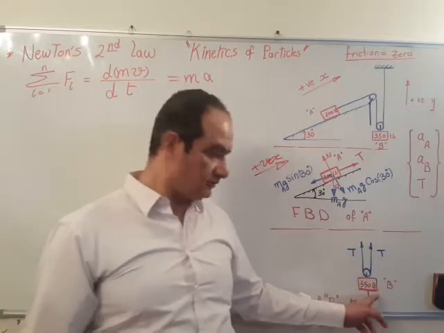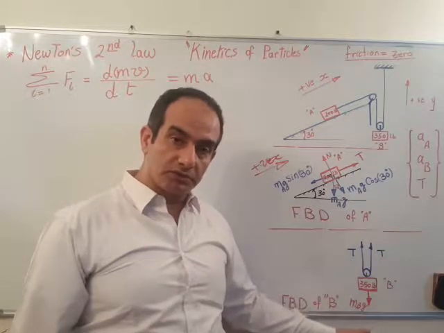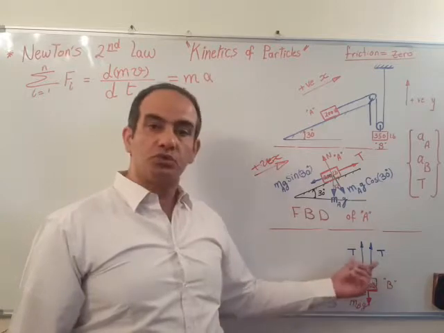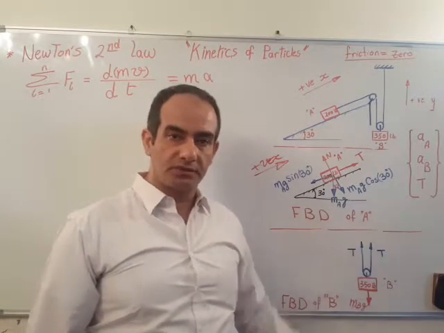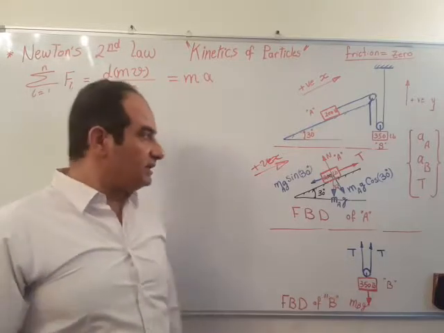So for mass B we have a downward weight and two tension forces upward, which we have only for mass B.